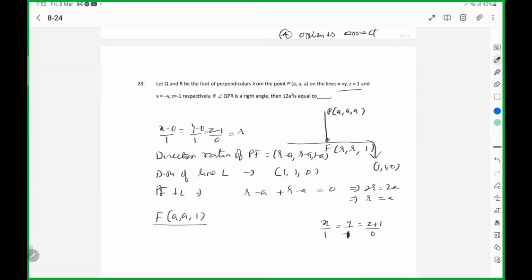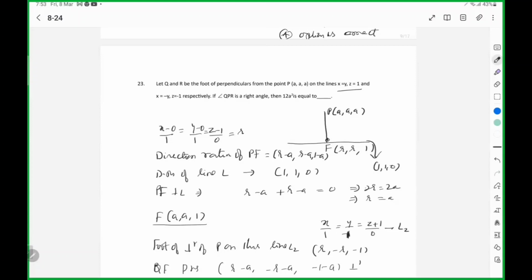So now foot of perpendicular of P on this line L2 here is say r minus 1. So then QF DRs r minus a, r minus a, minus 1 minus a.